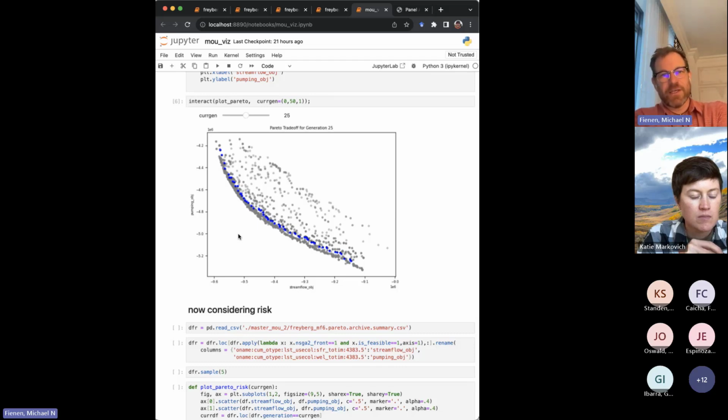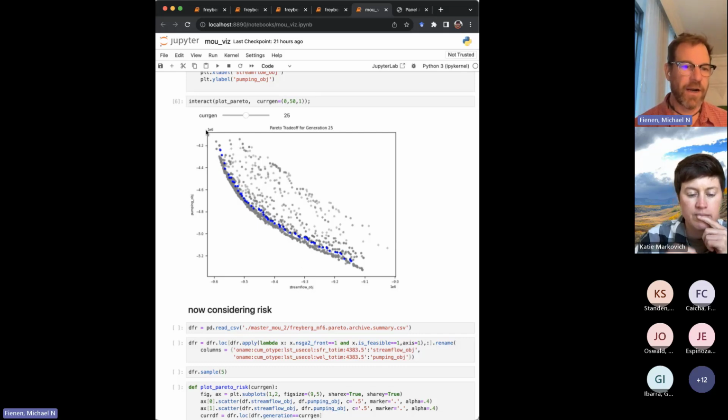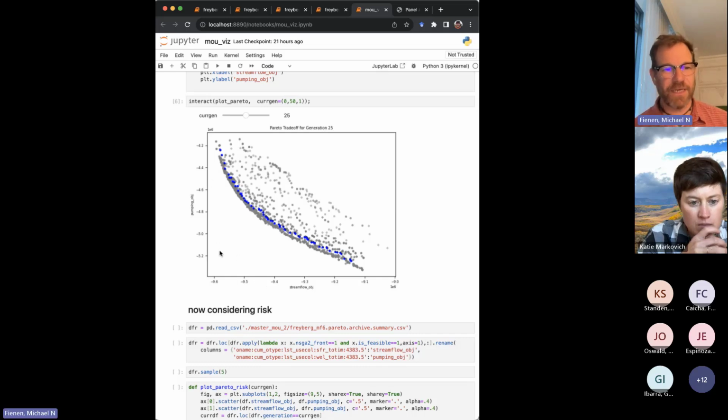When I'm trying to explain it to clients and stakeholders, it gets really confusing. So that's just a thought. But in this case, they're both negative. So here's the trade-off curve, where greater negative values is more pumping and greater negative values is more base flow into the stream. And so those are really competing objectives.